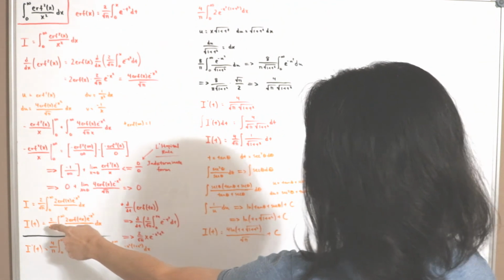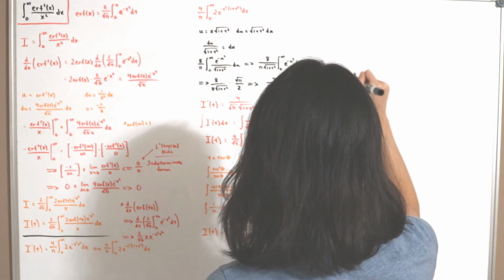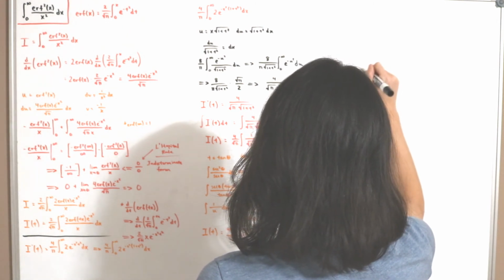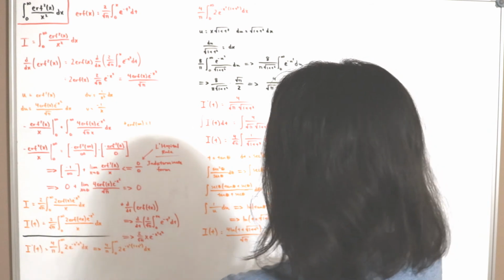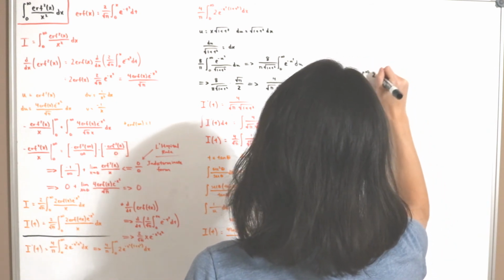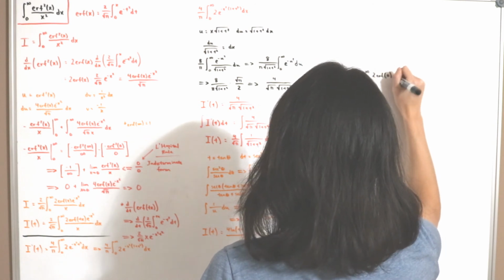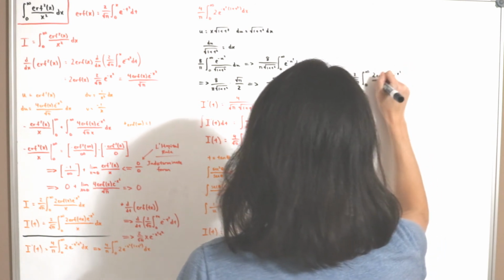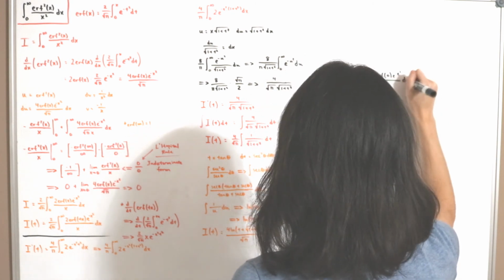If we plug 0, this is 2 divided by square root of pi, then the integral from 0 to infinity of 2 times the error function of 0 times x, that's just 0, then multiplied by e to the negative x squared, divided by x, dx.